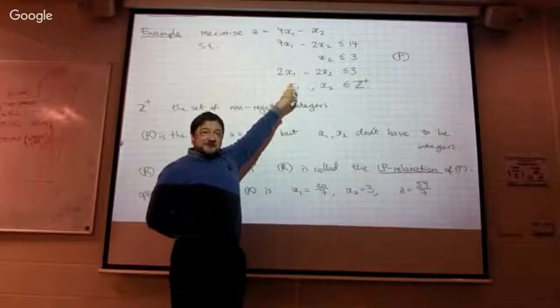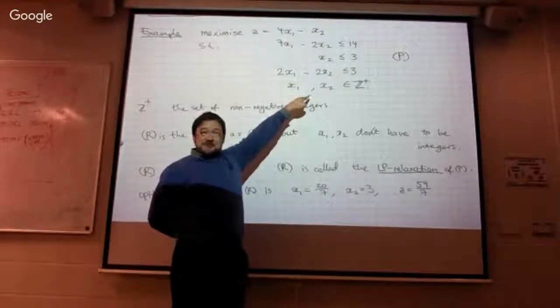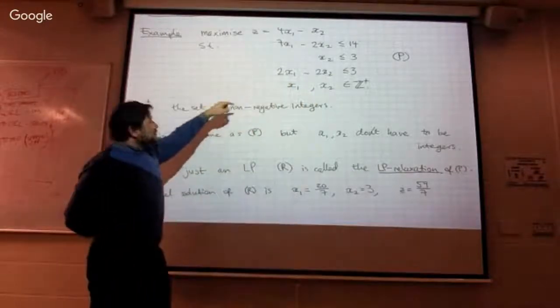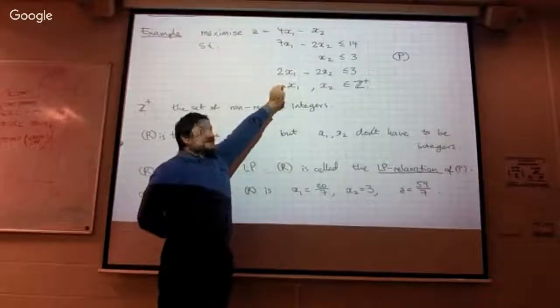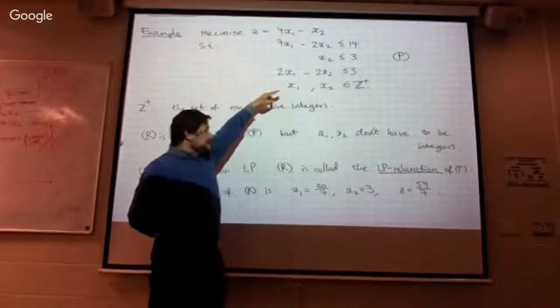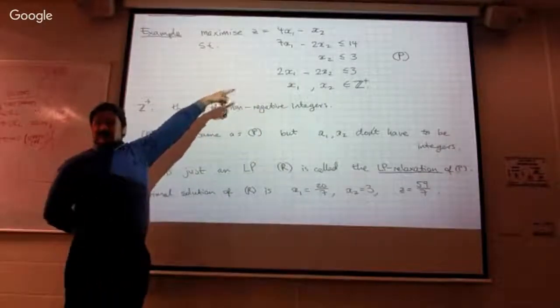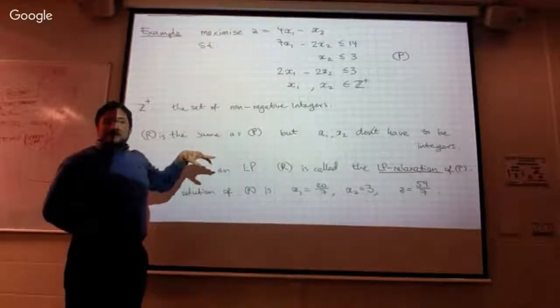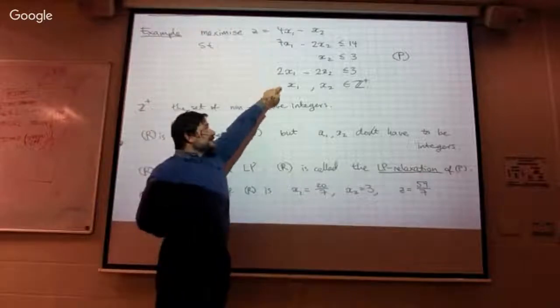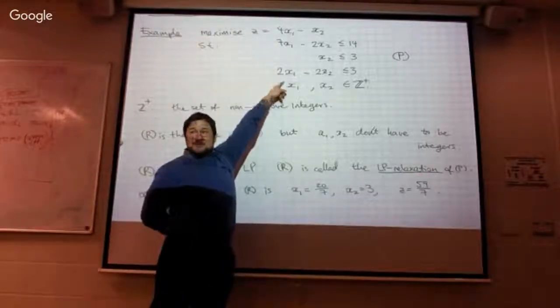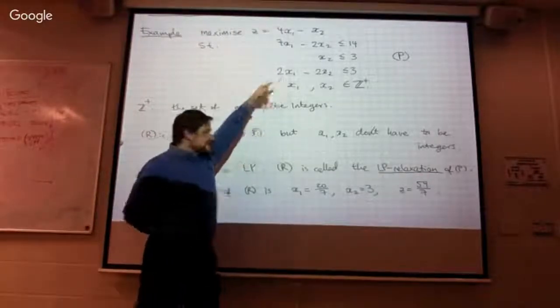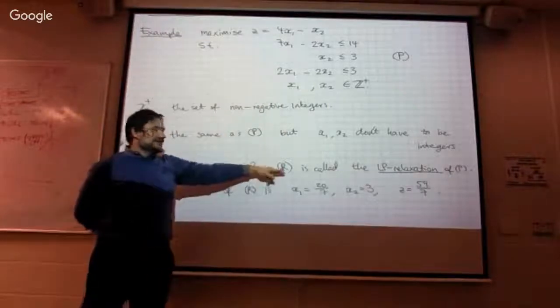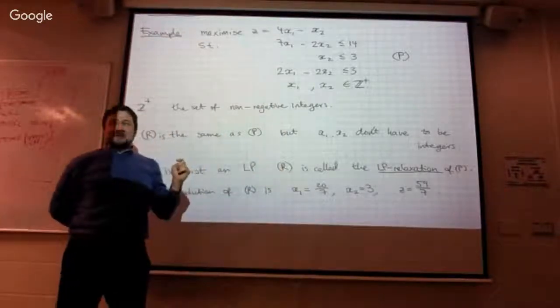So you have fewer options for x1 and x2. Whatever x1 and x2 satisfy P will also work for R. So you definitely can't get a better objective in the problem with the integrality constraints than you can get in the relaxed problem.